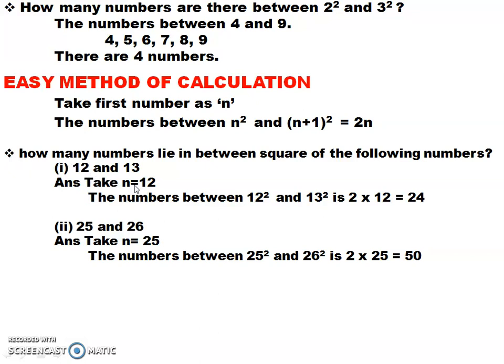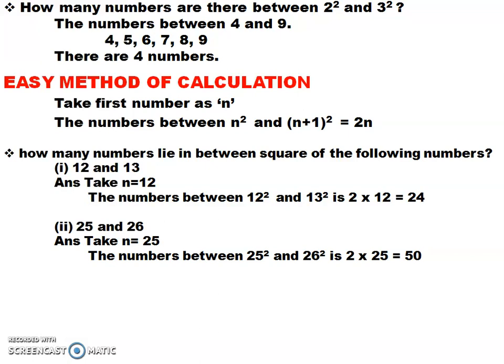12. Just multiply 12 and 2. What is 12 into 2? 24. So, the number of non-perfect square numbers between 12 square and 13 square is 24.